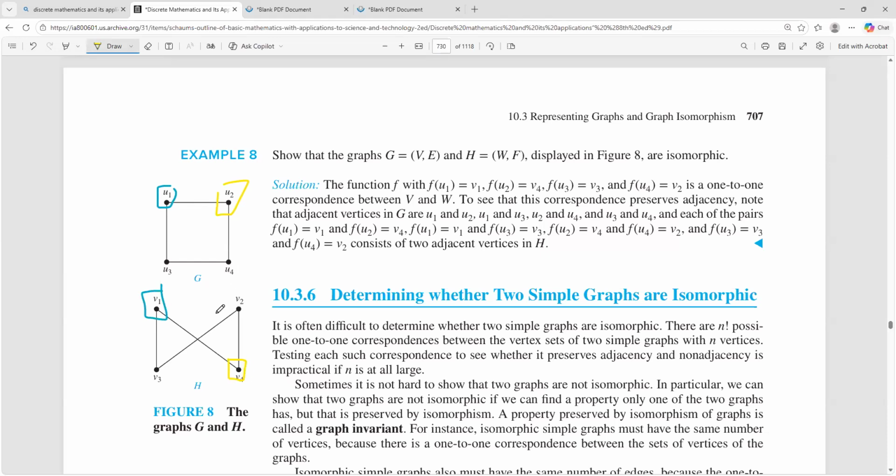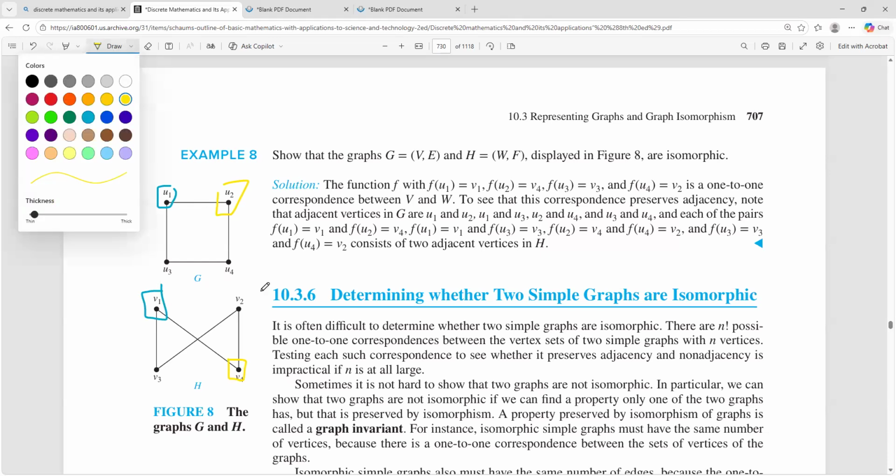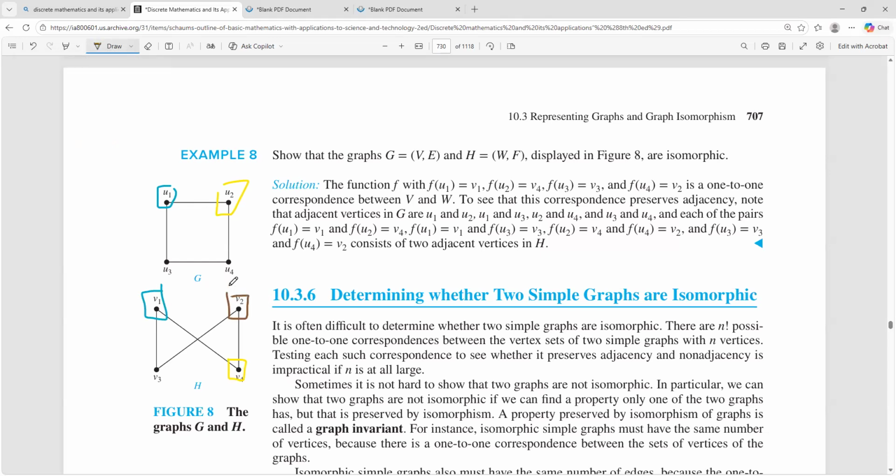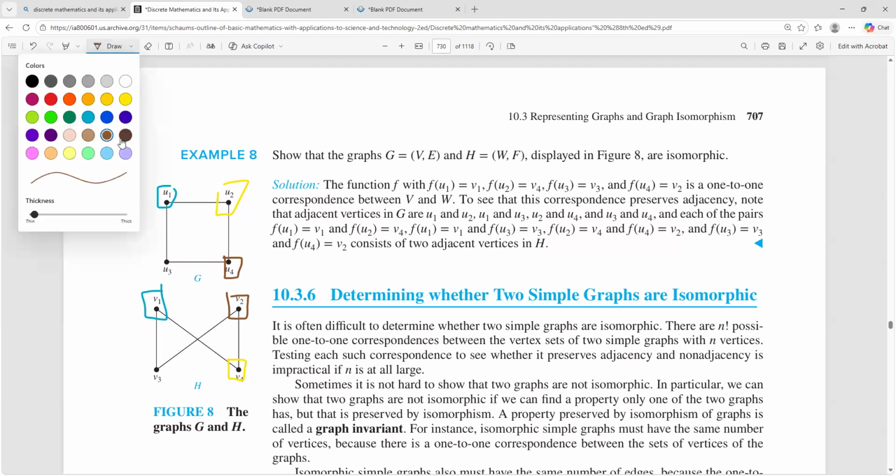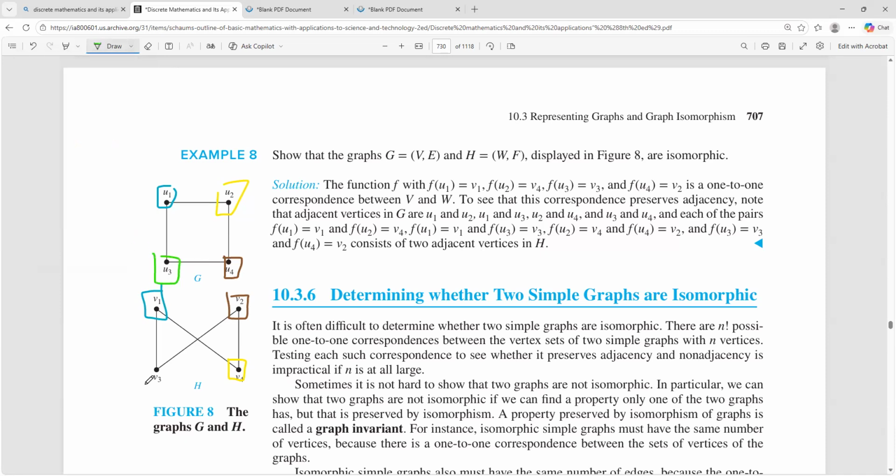So U4 has to be equal to V2. And V1 and V2 are connected to V3, just as U1 and U4 are connected to U3. So U3 has to equal V3.